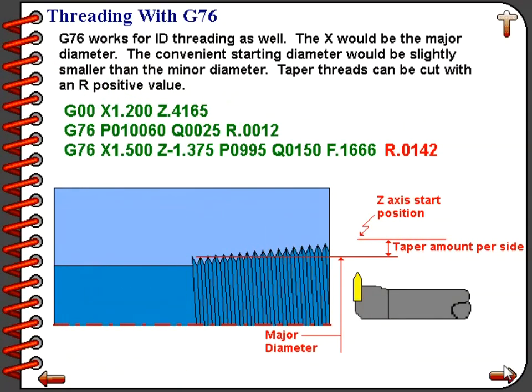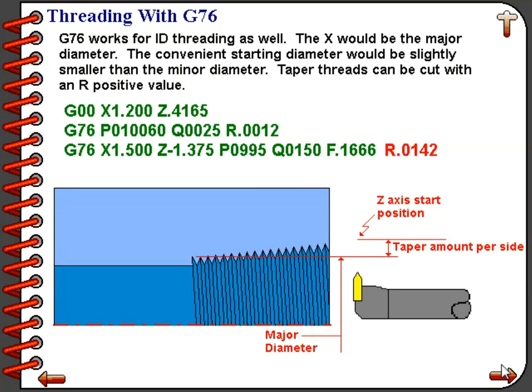The G76 cycle works equally well for ID threading. When we are machining a female thread, we would also call this ID threading. The differences would be that the X value on the second line of G76 would now be called the major diameter. The convenient starting diameter would be slightly smaller than the minor diameter, which is opposite of a male thread.